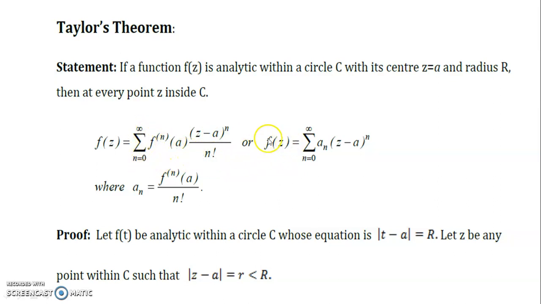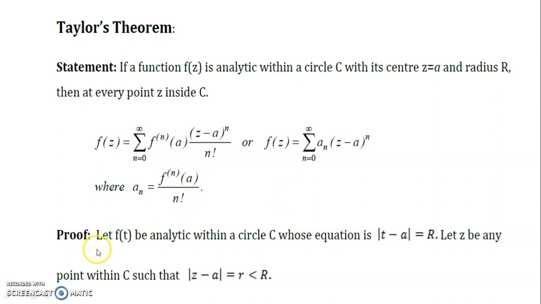Or the function can be expressed in another way, in this summation form: summation a_n into (z minus a)^n, n from 0 to infinity, where a_n is the nth derivative of the function at z equal to a, divided by n factorial.